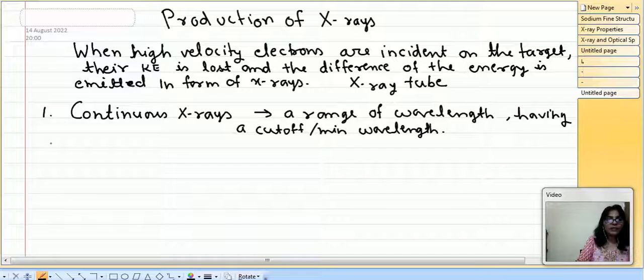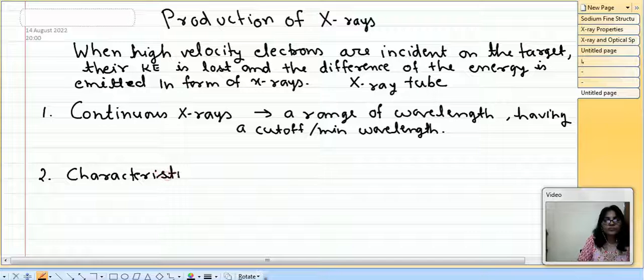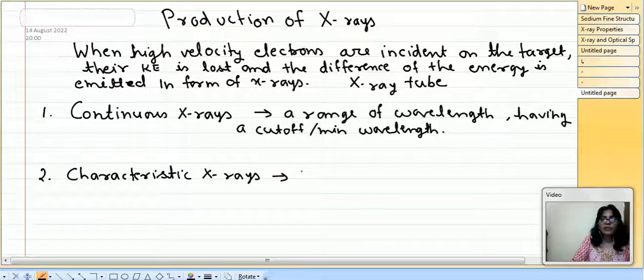And then there is another type which is characteristic X-rays. So these characteristic X-rays mean a definite wavelength.